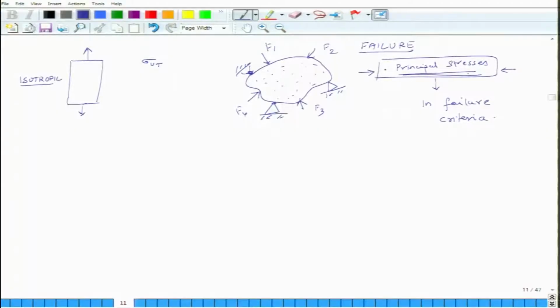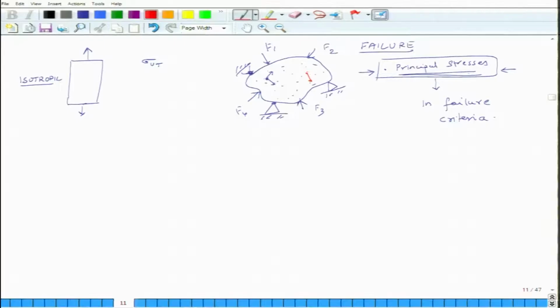Now, we can use principal stresses in context of isotropic materials. The principal stresses may be in these three directions. Principal stresses are always normal to each other. So, at every point you will have a set of principal stresses.